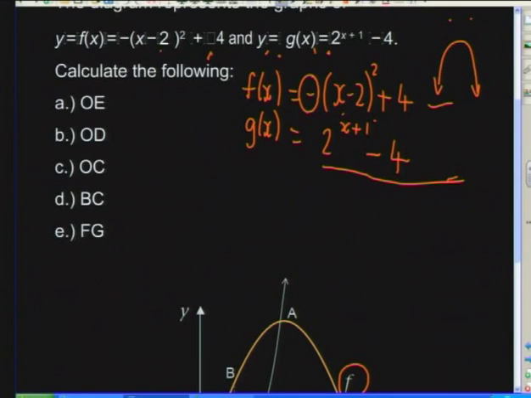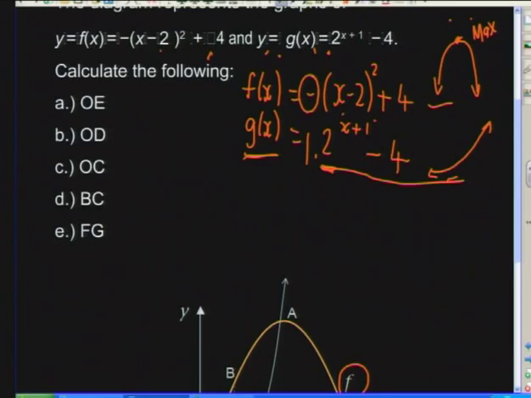Important thing about the value of a being negative is that you have a maximum turning point. Okay, remember? Negative because it has maximum problems. Okay, so important point. Then if you look at your exponential graph, what do we notice? The value of a is 1. B is a value that's greater than 1. B is equal to 2. So therefore you have an increasing graph.